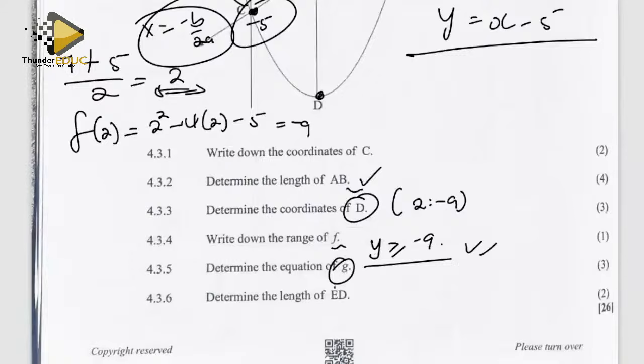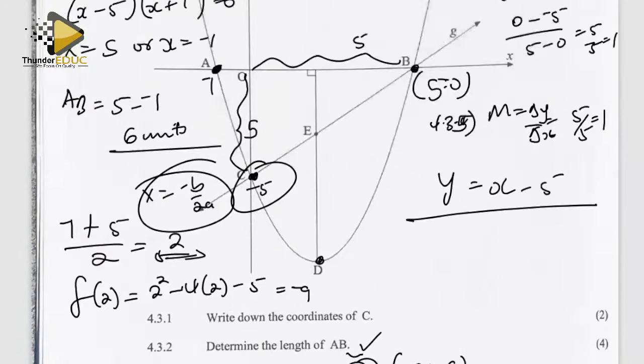Then lastly, they want us to get the length of ED. Now we know that E and D are points on the graph. We can choose to find the y value since we know that our x here is 2. In this equation, if x is 2, what is y?